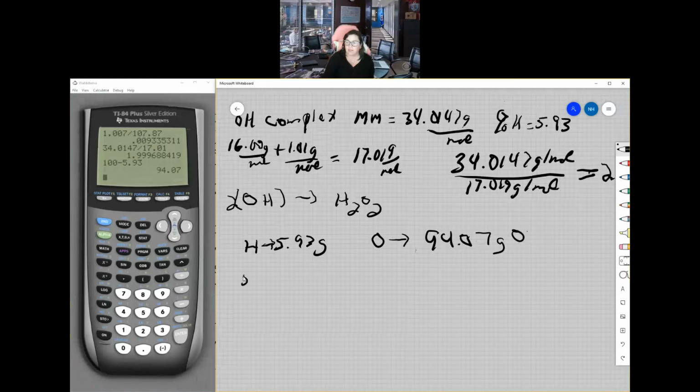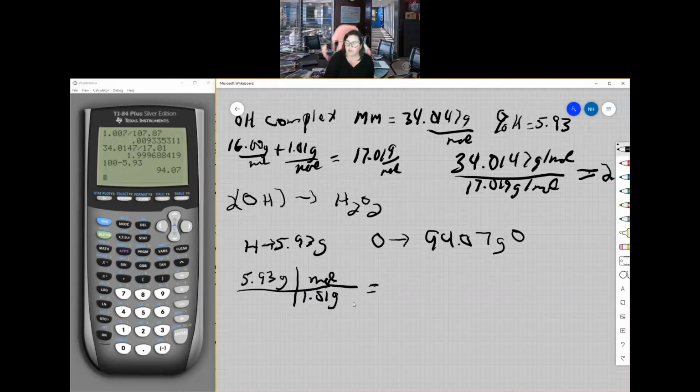Now I can take 5.93 grams and divide that by the mass of hydrogen, 1.01 grams per mole, and do that calculation. I can take the 94.07 grams and divide that by the molecular weight of oxygen, 16 grams per mole, and get numbers for both of those.